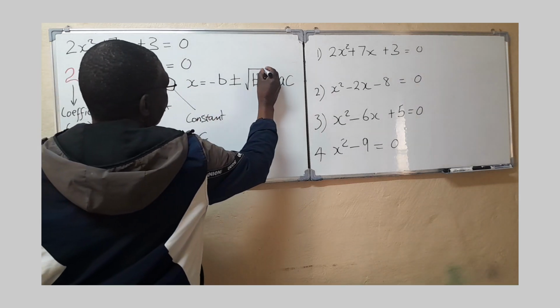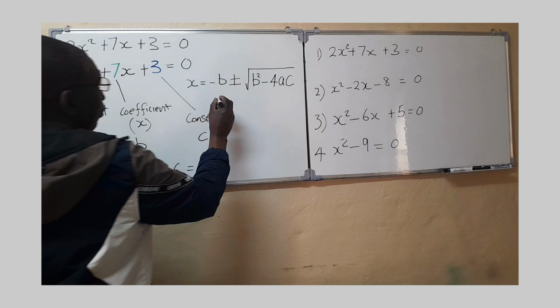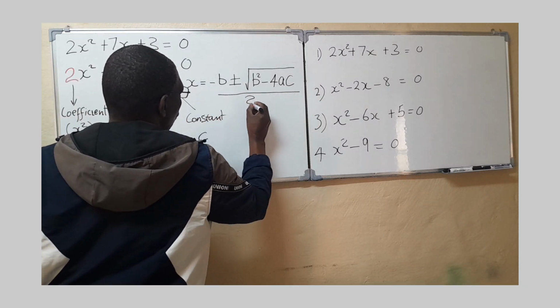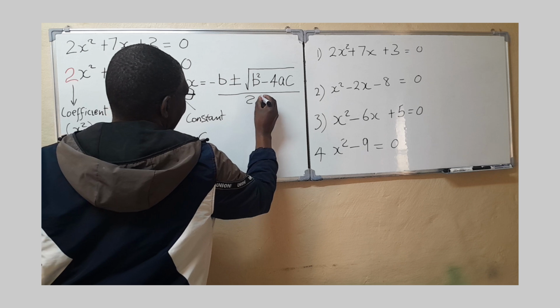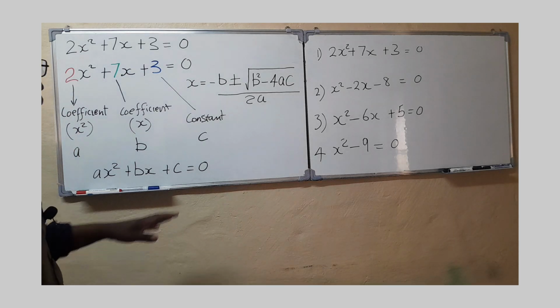All this, of course, is under the square root sign. When you have done that, you divide everything by 2 multiplied by a, which again is the coefficient of x squared. So this is the quadratic formula.